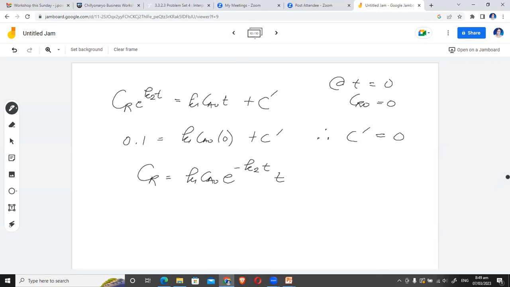You have that as a tool already before. How do you find the maximum concentration of R, and how do you find the time of that maximum concentration?